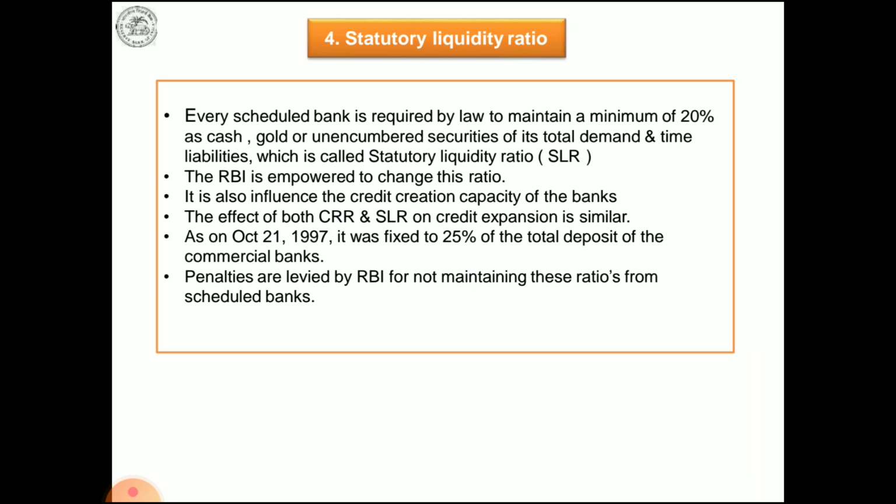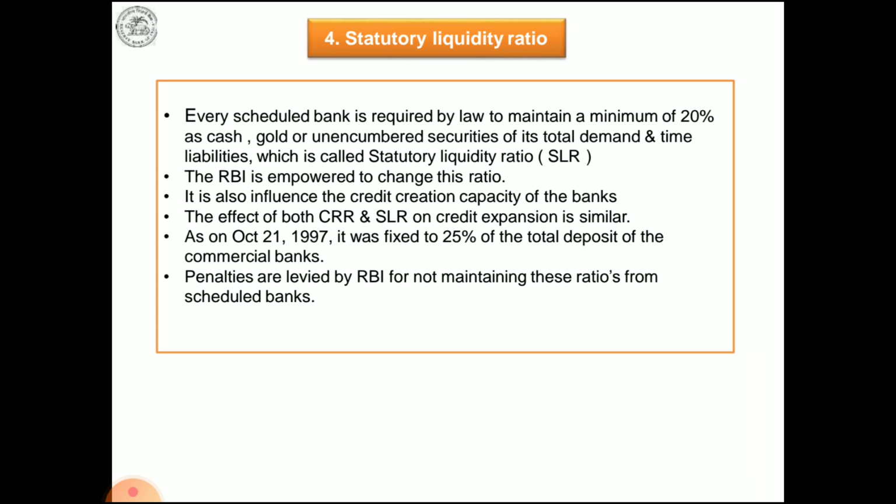Every scheduled commercial bank is required by law to maintain a minimum of 20% of its total demand and time liabilities as cash, gold or some unencumbered securities, which is called the statutory liquidity ratio.